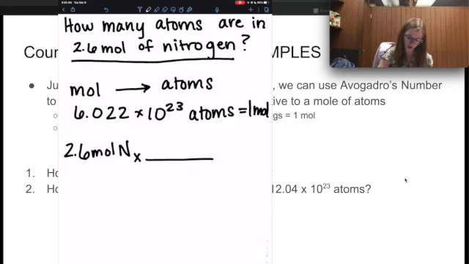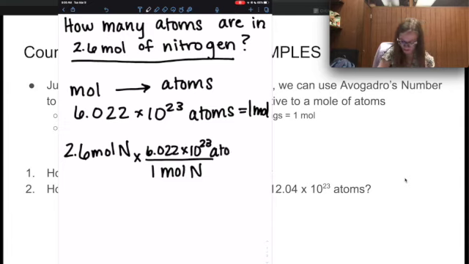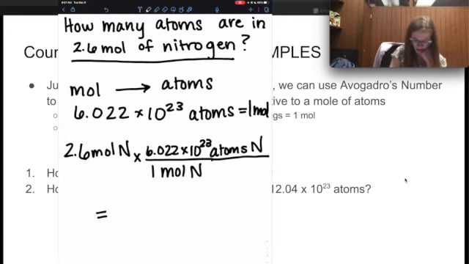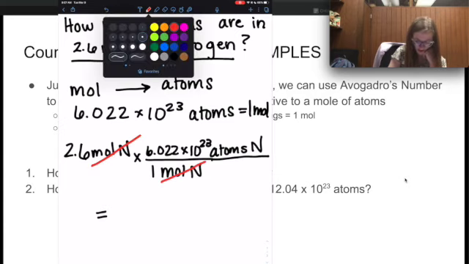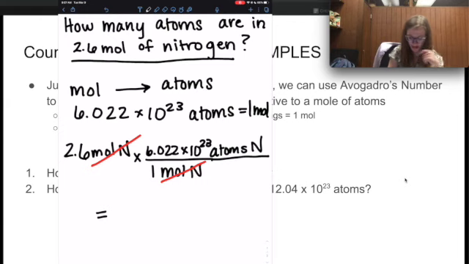So I'm going to put 1 mole on the bottom, and then I'm going to put 6.022 times 10 to the 23 atoms of nitrogen on top. Let me just double check. It looks like I have moles of nitrogen on top, moles of nitrogen on bottom. Those are going to cancel out, so we're left with atoms of nitrogen. That's what we're looking for.